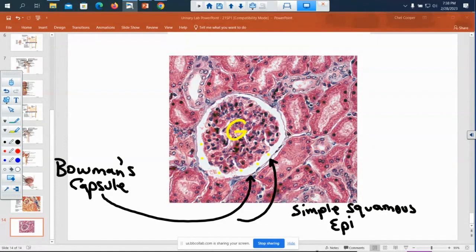Wow, that's pretty cool. Most of the tubules aren't, though.